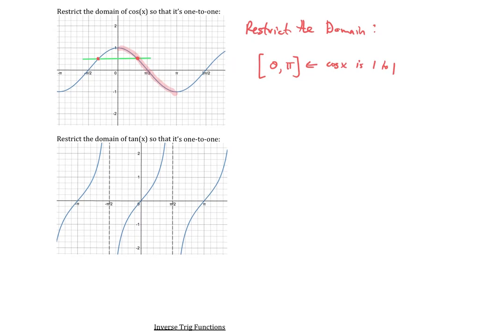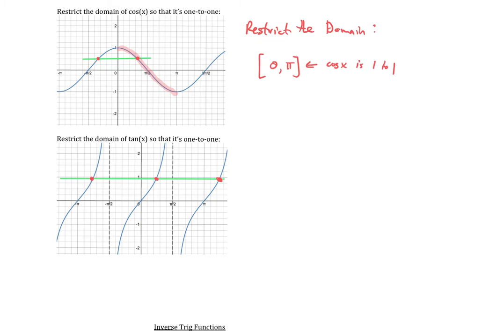Lastly, let's take a look at the graph of tangent of x. So I try to run my horizontal line test again. Draw a horizontal line here. We can see that our curve, by the horizontal line test, is not 1-to-1. It crosses the graph of tangent multiple times.